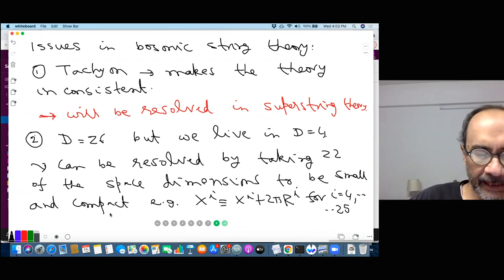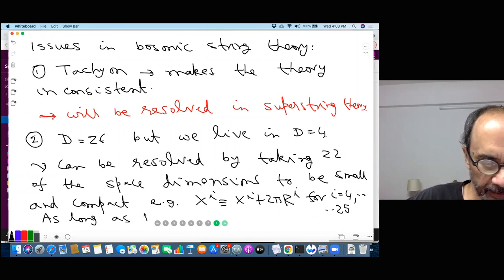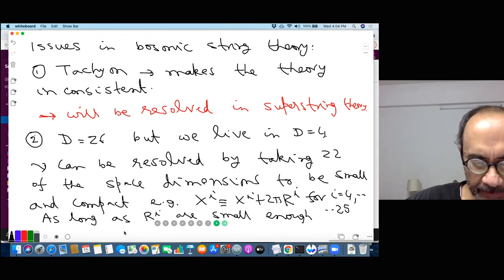The idea is that as long as the ri are small enough, these dimensions are not observable.